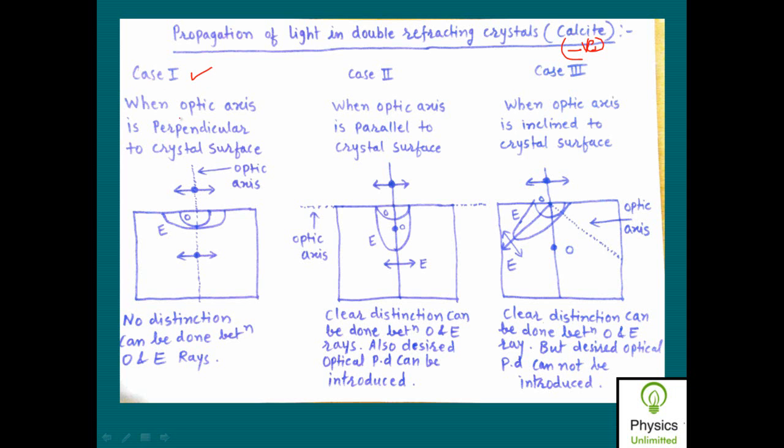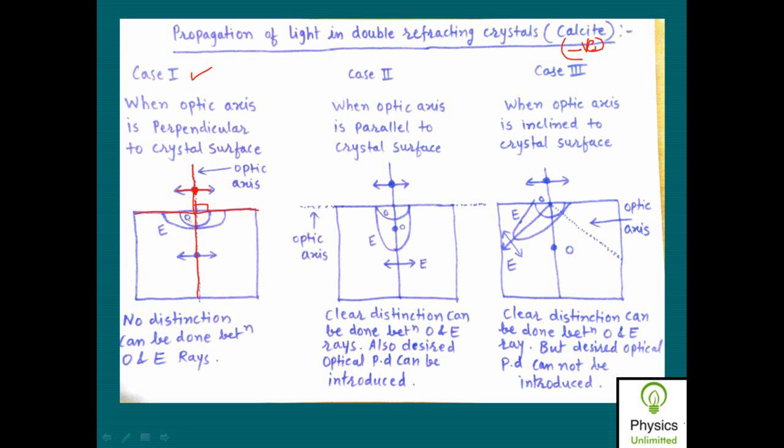Let us discuss case 1, that is, when the optic axis is perpendicular to the crystal surface. Let us cut the slab of a calcite crystal in such a way that the optic axis is perpendicular to the crystal surface. So this is the crystal surface, and here the direction of the optic axis is perpendicular to that of the crystal surface. Now when a beam of unpolarized light is incident, it is shown by lines as well as dots, both present simultaneously.